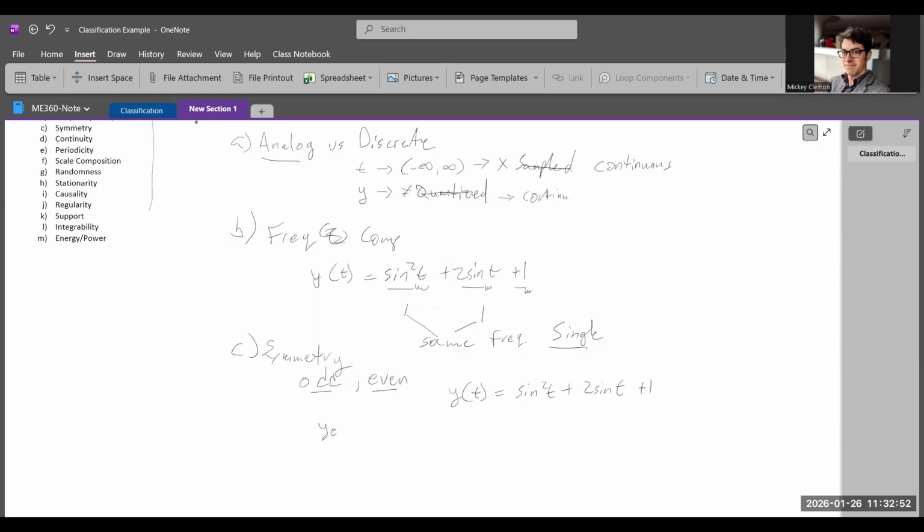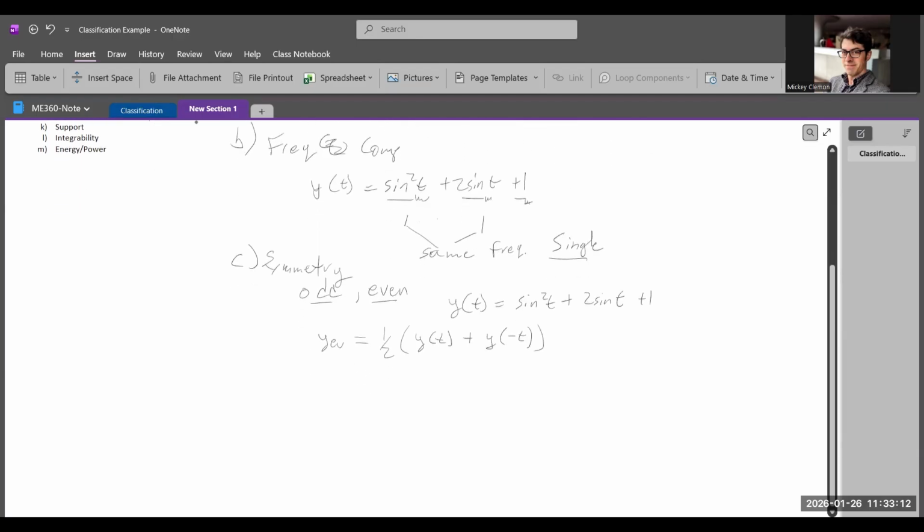So y even is 1/2 of y of t plus y of minus t. So what do we get there?